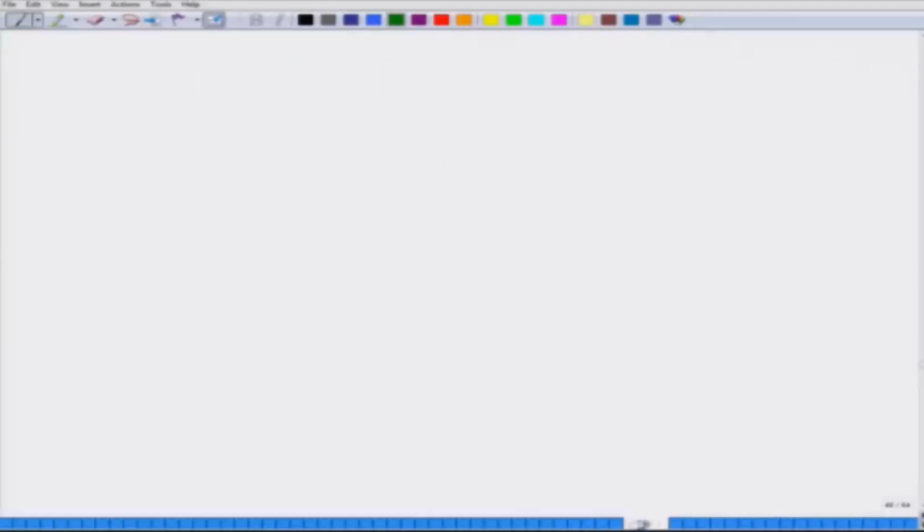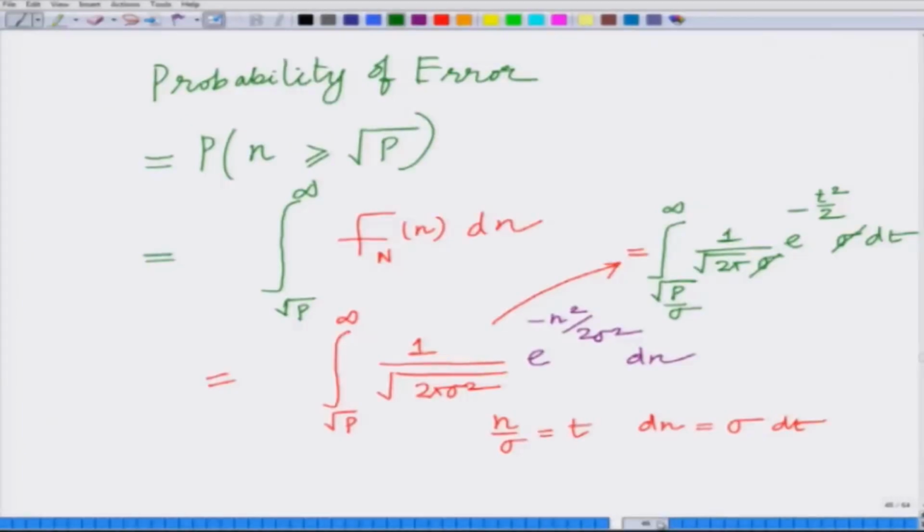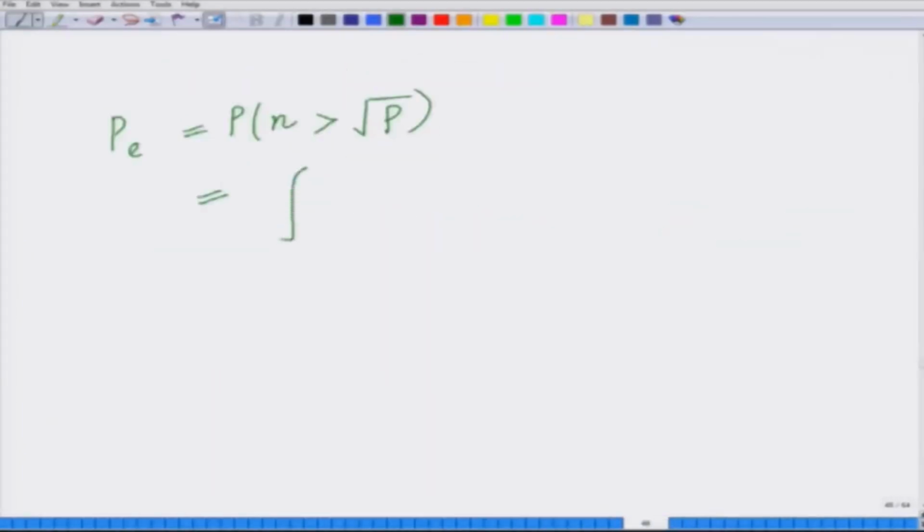So, if I look at the probability of bit error, that is the probability that this noise n is greater than square root of p, this is equal to the integral from square root of p over sigma to infinity of 1 over square root of 2 pi e raised to minus t square over 2 times dt.